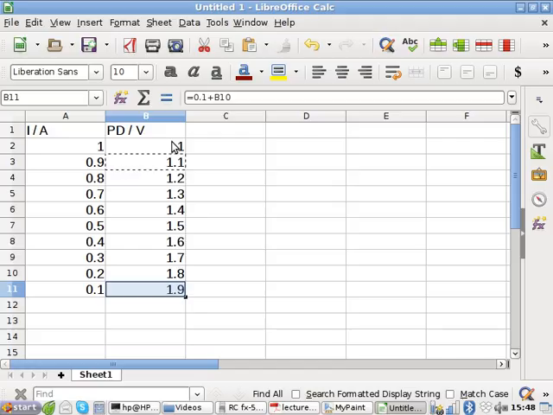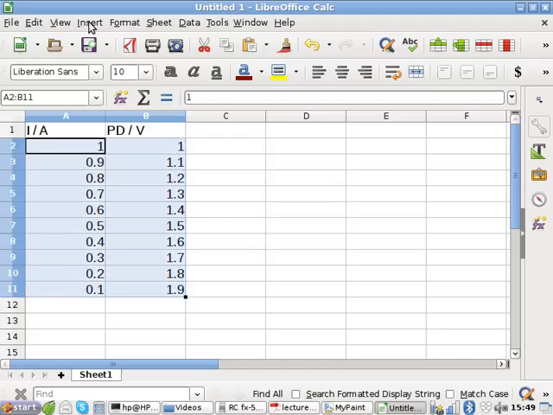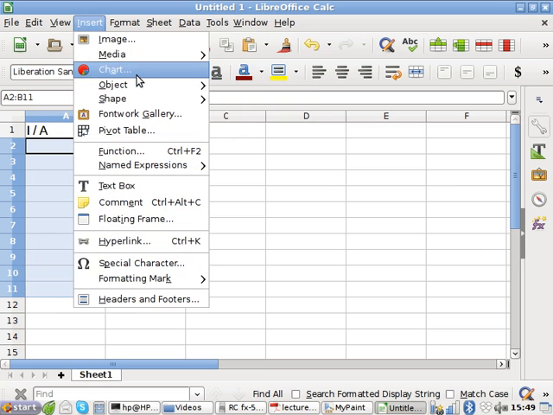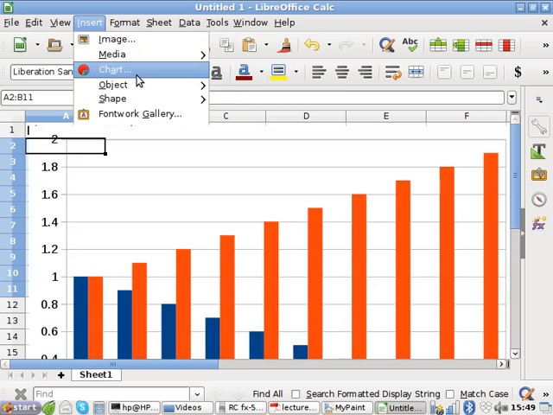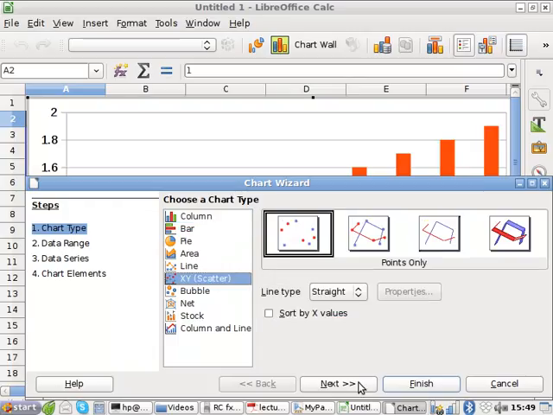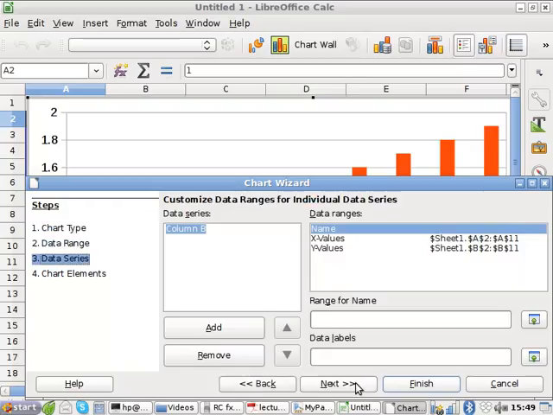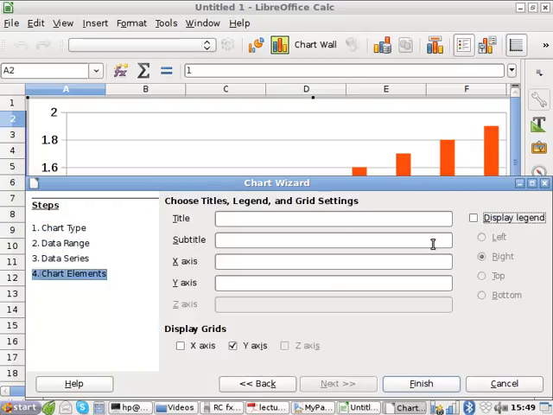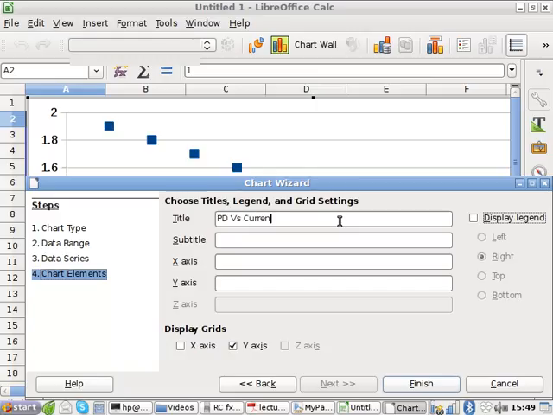Okay, and let's plot this. So what's the name of the plot? Scatter. And then this is voltage, potential difference versus current.